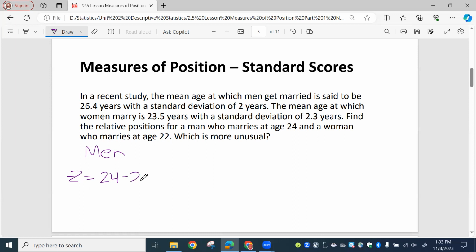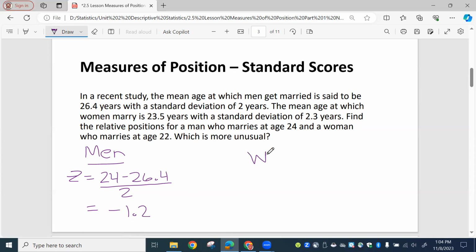When we say that men have an average age of marrying at 26.4 years with a standard deviation of 2, we know this is going to be a negative value because our person's age is less than the mean. Negative doesn't necessarily mean bad. It just means it's below average. And so we get negative 1.2. That means they're just a little bit more than 1 standard deviation below the average marrying age.